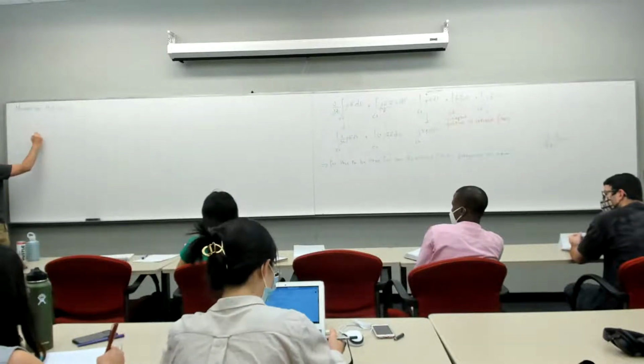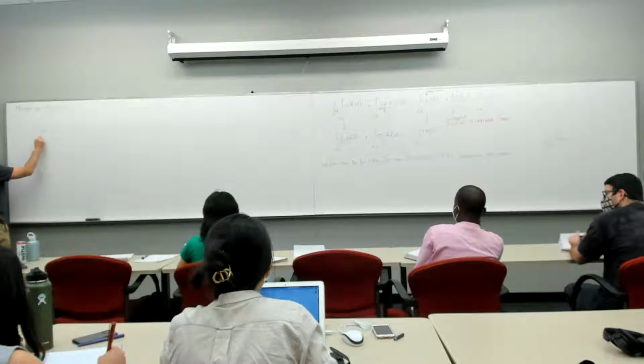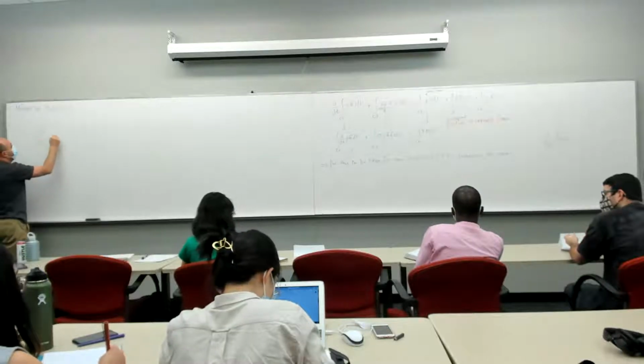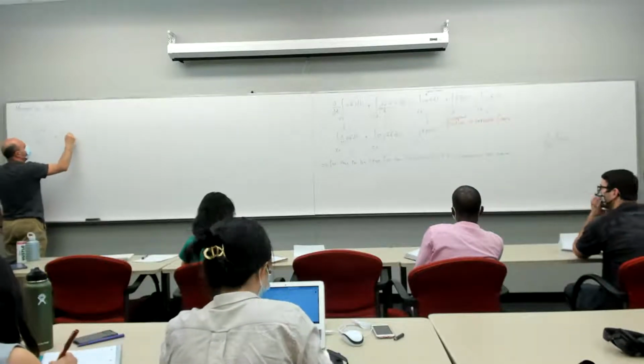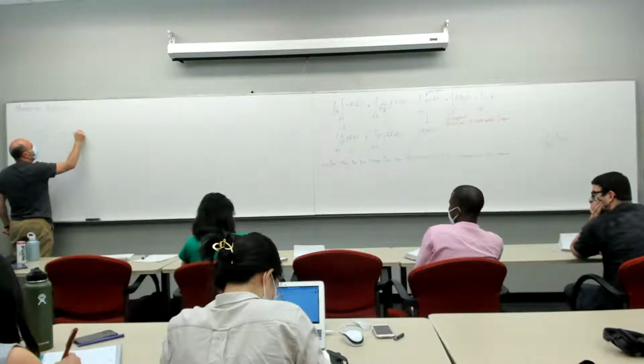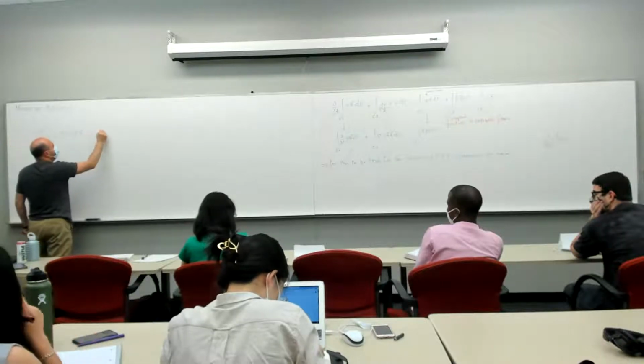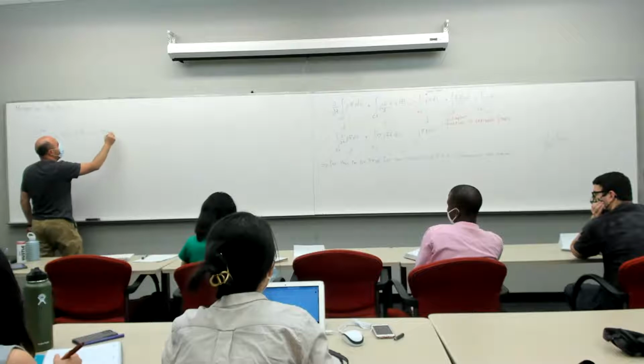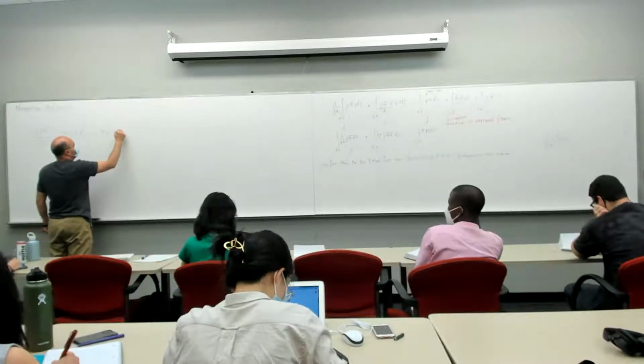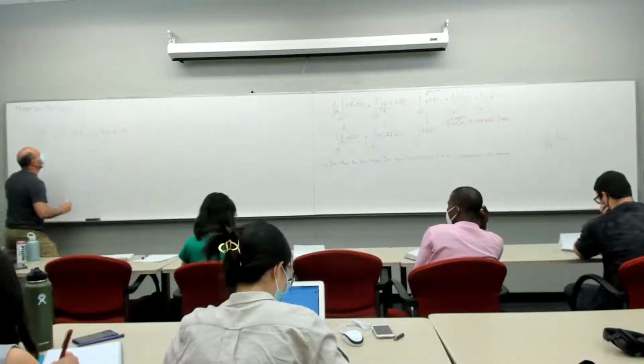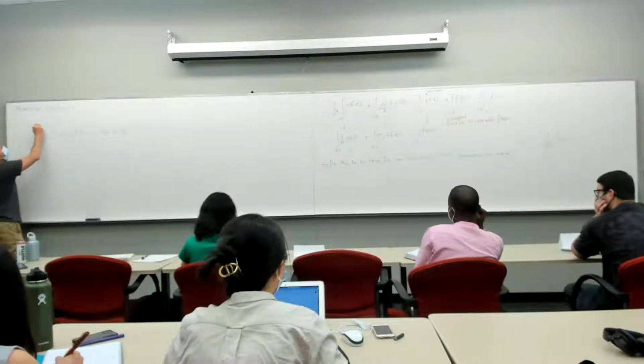So you get d rho u by dt plus div rho u u is equal to minus grad p vector plus rho g. Beautiful.